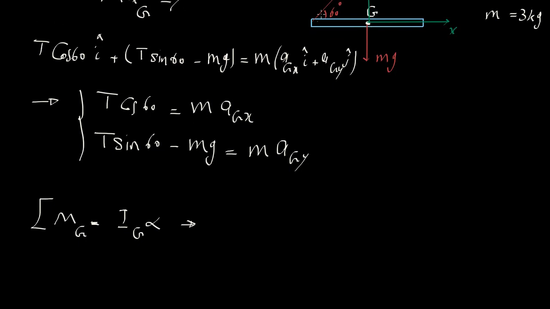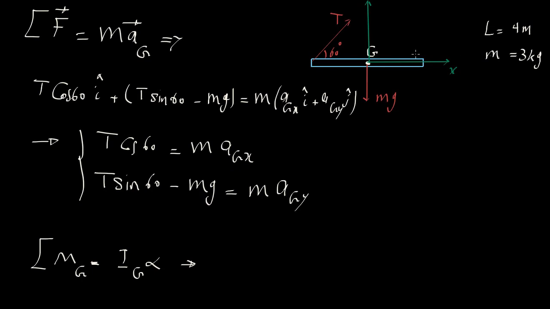So here I would say that the moment of this force, the T force, the string force, is just R. So let me draw R here, using a yellow color. So this is R. When we say that we calculate the moment around point G, that is what we mean.